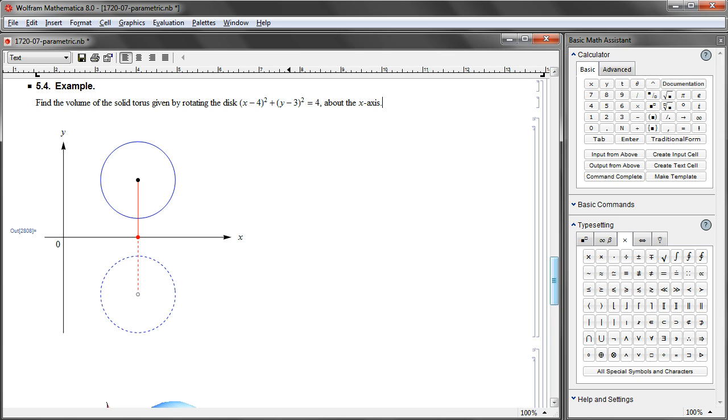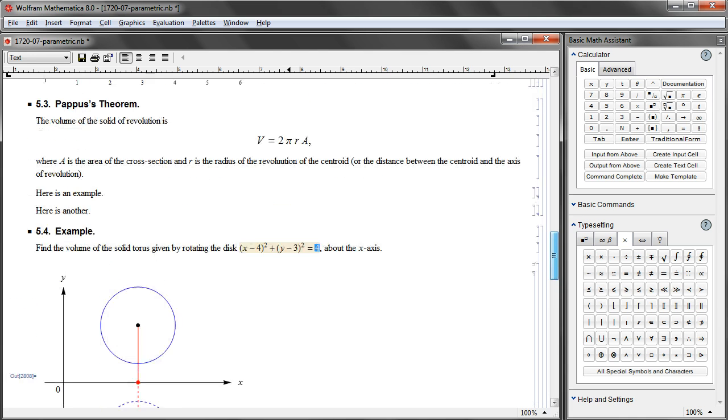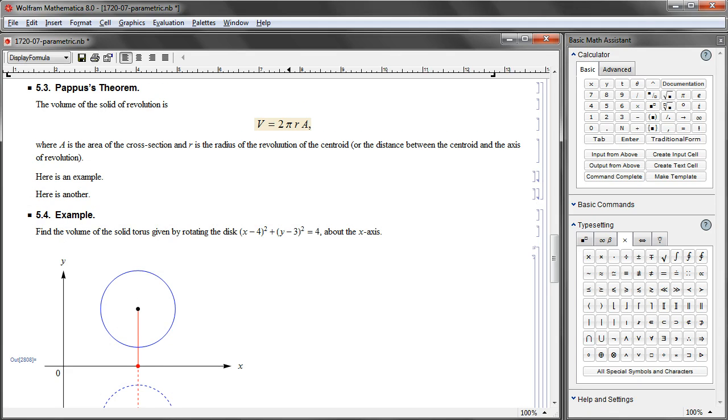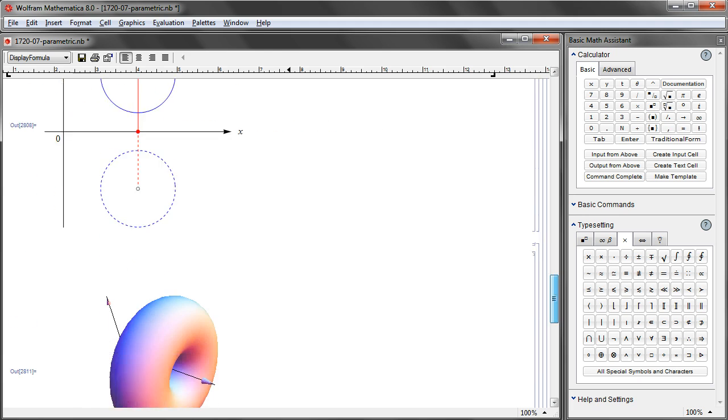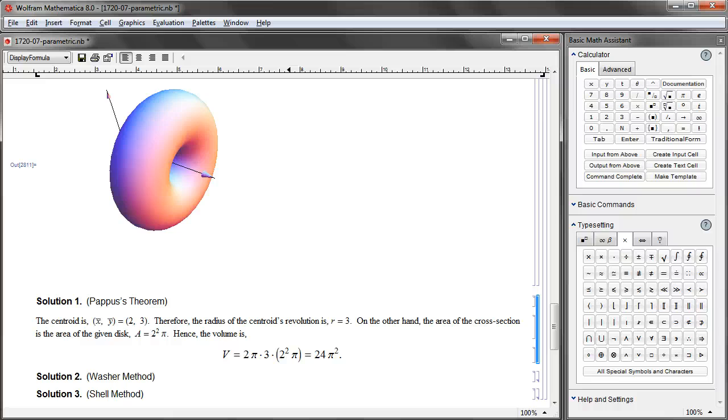And then the cross-sectional area is what? This is 2 squared, so pi r squared is pi times 2 squared, so 4 pi. So if you put everything into this formula over here, 2 pi times r, the radius is 3, times the cross-sectional area, 4 pi, we're going to get this kind of volume computation, 24 pi squared.